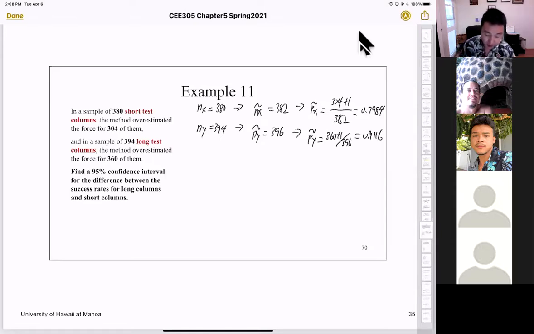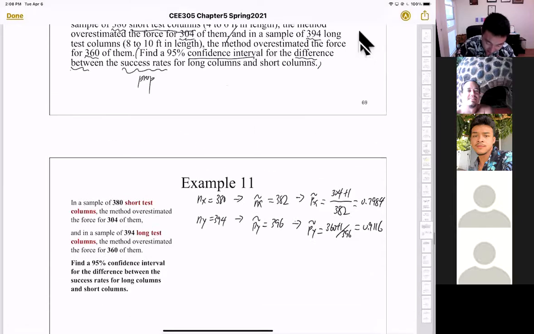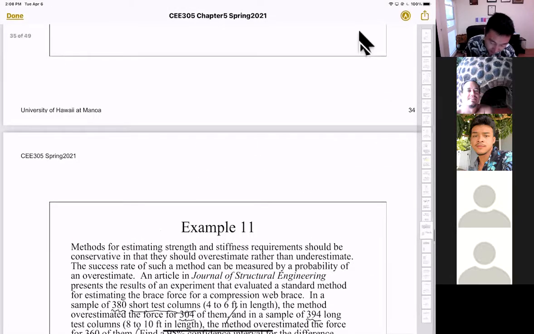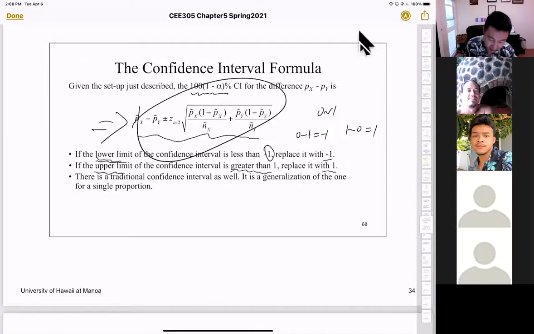All right, and then we use the confidence interval equation, this one. So plug the numbers into this equation.